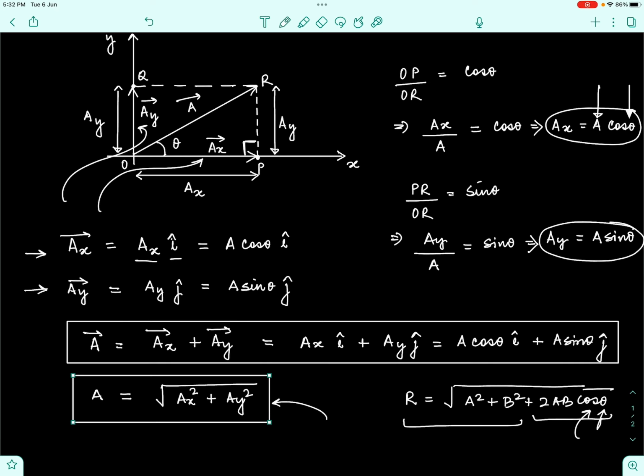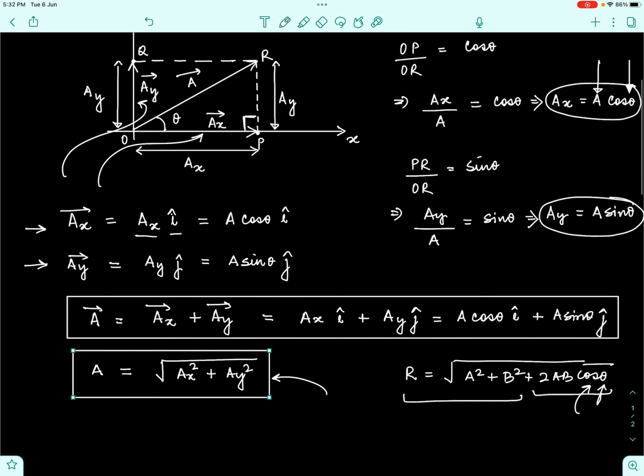Also, we can find out the value of angle theta in terms of the components of the vector. That is also an important expression that we can get here. See that we can also write tan theta is equal to the opposite by the base, which in this case will be AY by AX, right.